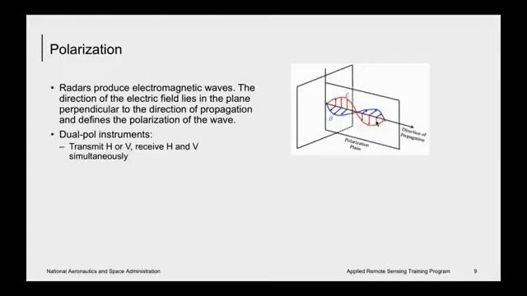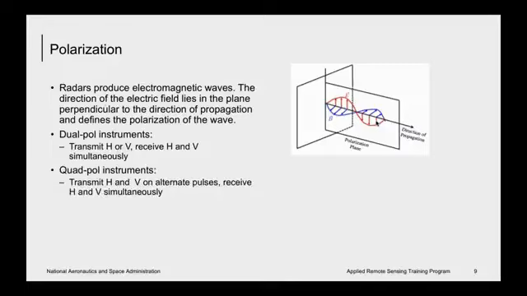So in dual pole instruments, the instrument transmits H or V, meaning horizontal or vertical, and they receive H and V simultaneously. Then if we talk about a quad pole instrument, those are able to transmit H and V, alternating the pulses, and again they receive H and V at the same time.